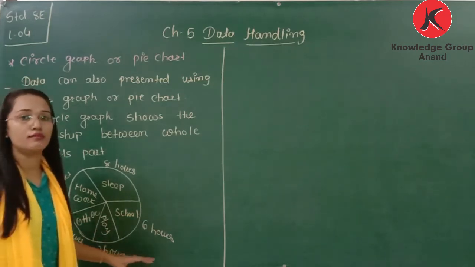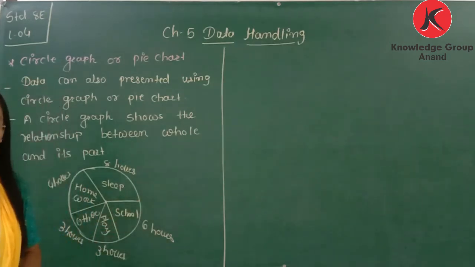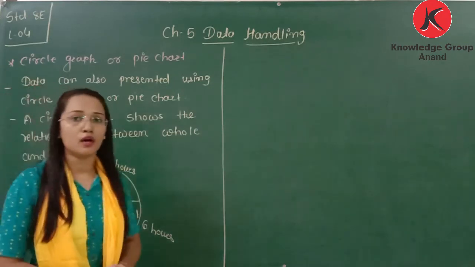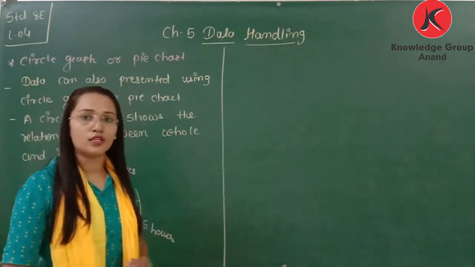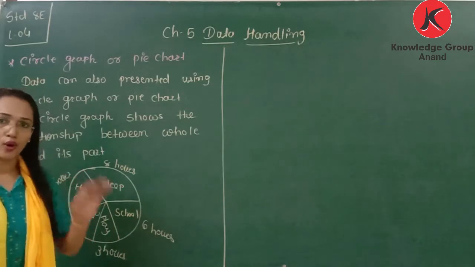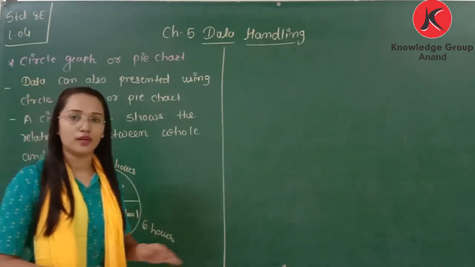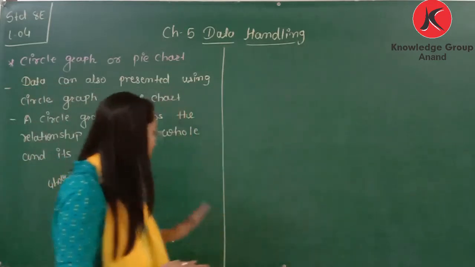Now here, how can we divide the whole circle into equal parts? Already we learned about fractions. In a fraction, what are we performing? We divide a whole thing into equal parts.